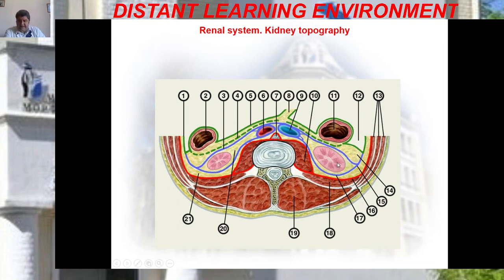So kidneys are situated on the posterior abdominal wall behind the peritoneum on either side of the vertebral column at the level of the last thoracic and upper 2 lumbar vertebrae. The right kidney is a little lower than the left, by 1–1.5 centimeters on average, depending on the pressure exerted by the right lobe of the liver.